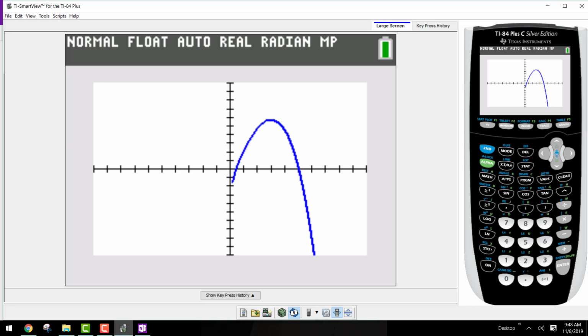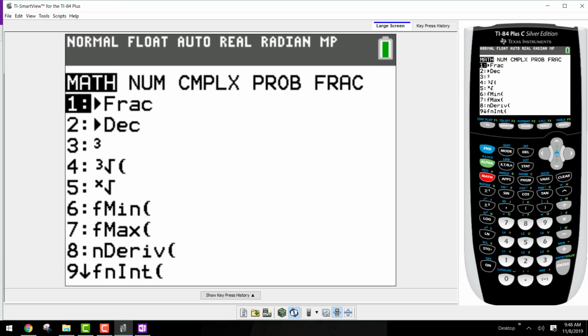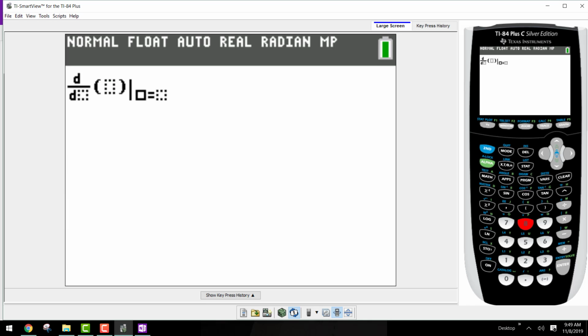So that's going to be a horizontal tangent line, which you can see on the graph is about a little more than 4-ish. It's hard to see really, but that's why this little function is really nice. Our nDeriv, if you have an Inspire, it's right in the list of, if you're on a calculator page and you press menu and you go under calculus, it's right in there, nDeriv.